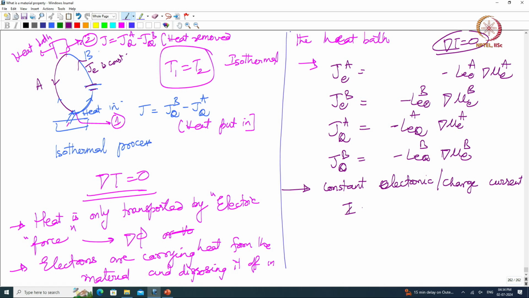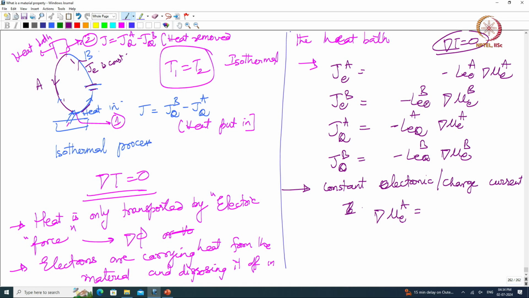then I have delta mu E of A is just, so if I am driving constant current I, I am looking at the potential difference that occurs in this wire versus this wire, both of them have different conductivities, right.